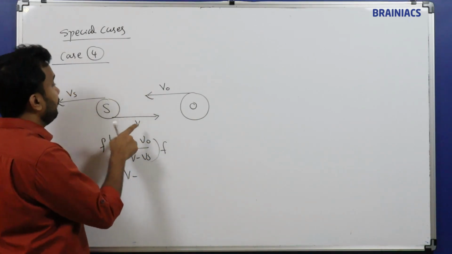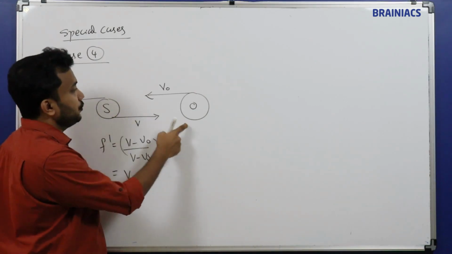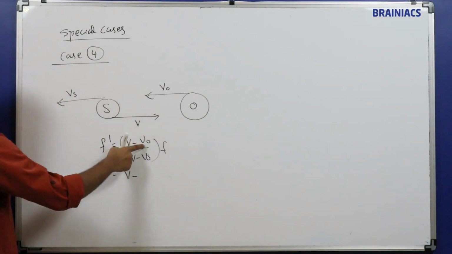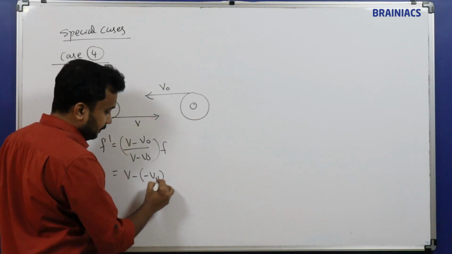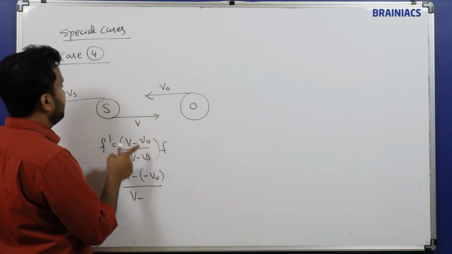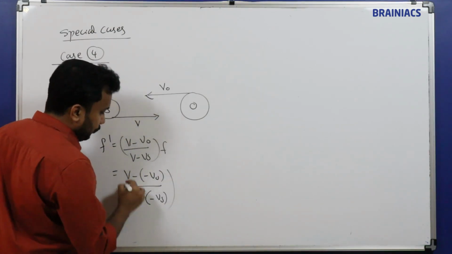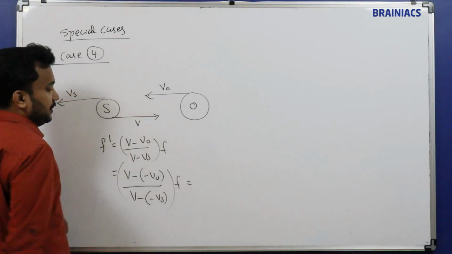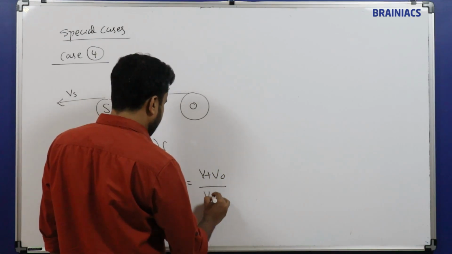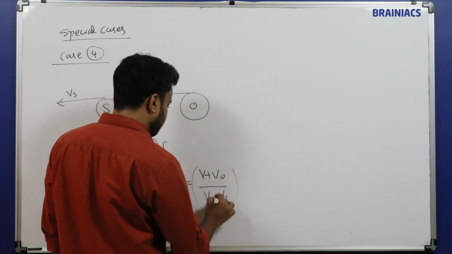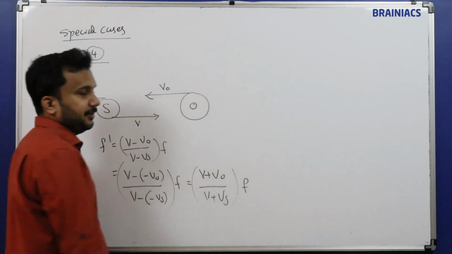Opposite to the direction of V. Vs is not V; V is the velocity of sound from source to observer. So the direction of V0 is opposite to the direction of V, so minus V0 divided by V minus Vs. Vs is also opposite to V, so Vs is also negative into the original frequency F. So the formula will be (V plus V0) divided by (V minus Vs)... plus on both sides into the original frequency.